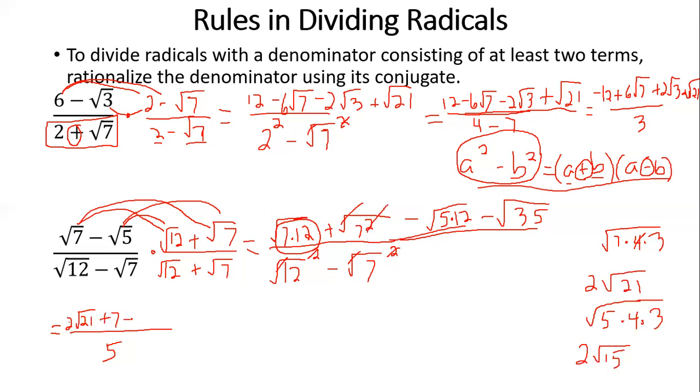So minus 2 square root of 15. Minus square root of 35. Ayan. So, we could already consider that to be our final answer. Extend lang po natin ito. Ayan. So, that will be it.